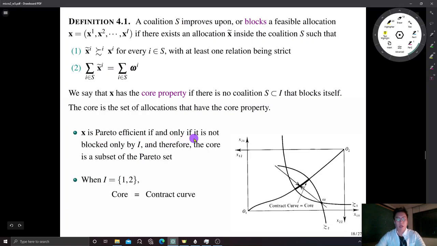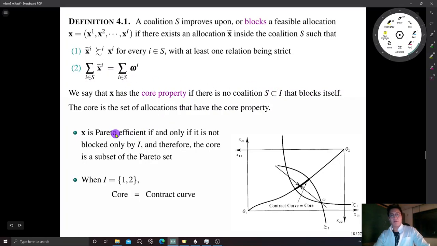So if the allocation X is not blocked by the grand coalition, then we say allocation X is Pareto efficient. Okay, so for the core, we consider every possible coalition. For allocation X to be an element of the core, there is no coalition S, so no possible subset of I, that blocks the allocation.